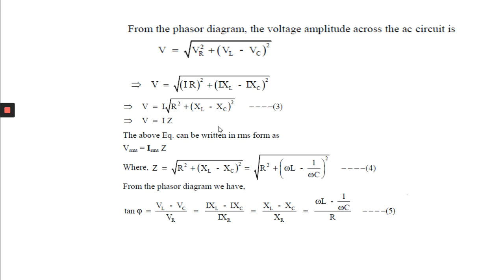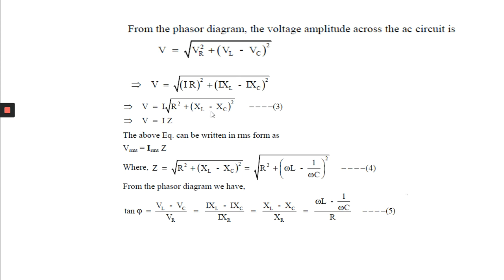Now you can compare this to the LRC series circuit we discussed in chapter 30. In that case, as no external source is there, what is happening? The circuit becomes damped. It may be underdamped, critically damped, or overdamped, depending upon what? Depending upon the resistance, isn't it?